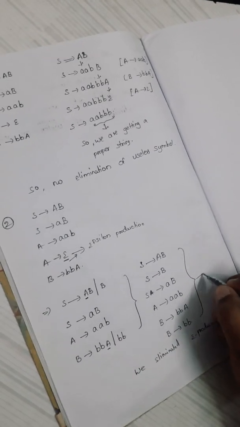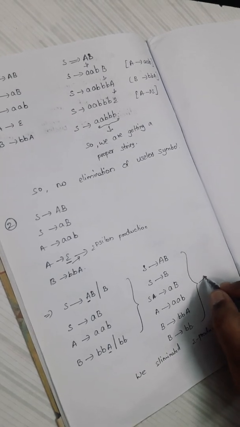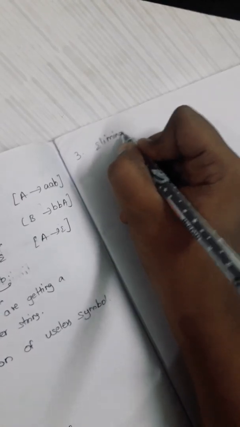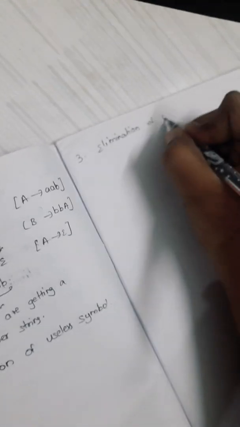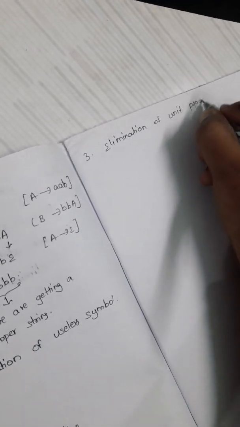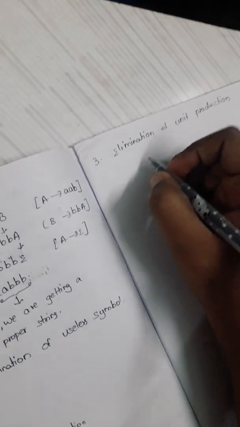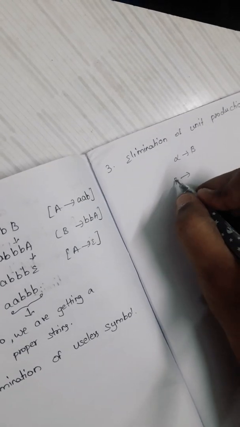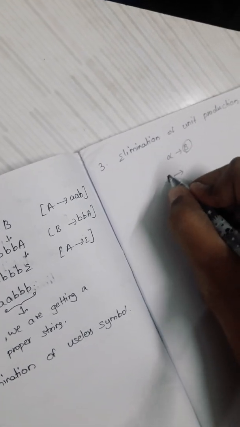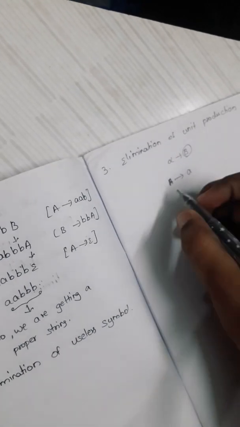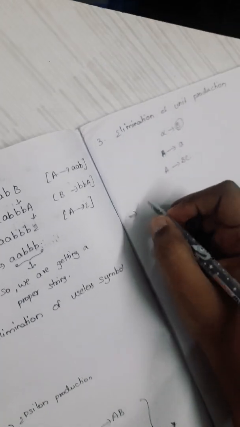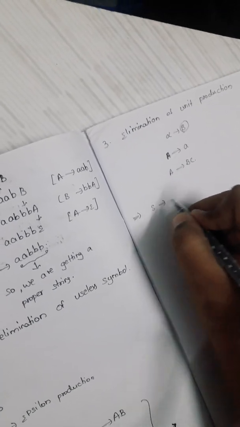So we eliminated epsilon production. The third step is elimination of unit production. As we know, for beta we need to have this, or we need to have BC.